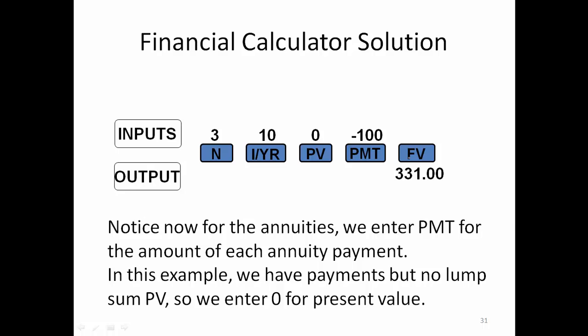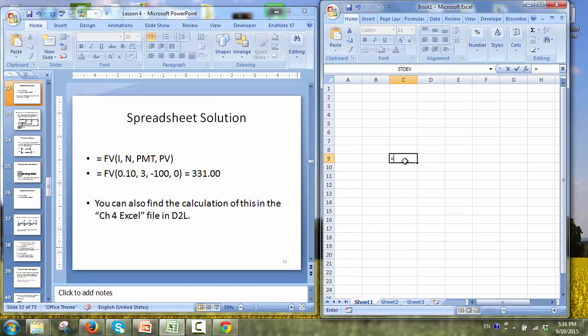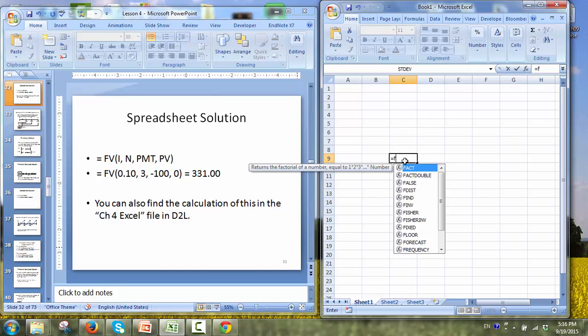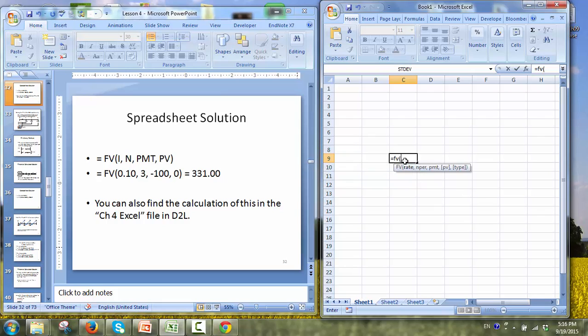To calculate the future value of an ordinary annuity in Excel, we use equals FV, and again, just like with the single cash flows, we tell Excel that 10% is the interest rate. We have 3 payments, each payment is $100, and we are using 0 as present value, and we get 331.